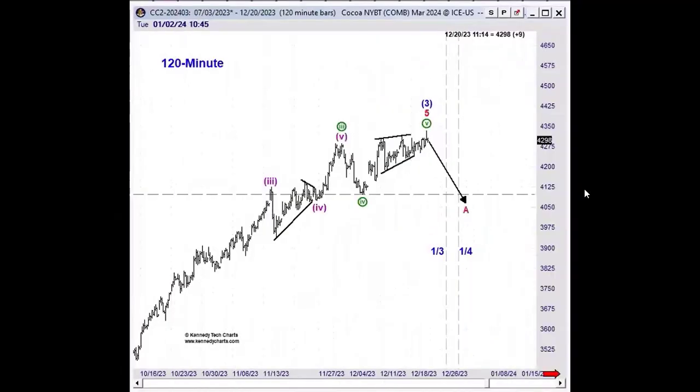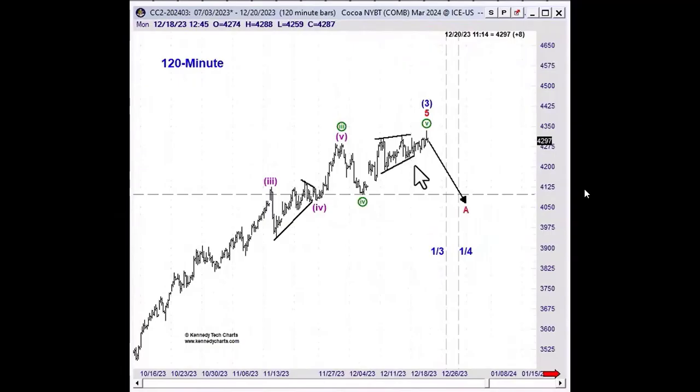Now, another market where I'm currently, as we're speaking right now, watching the shape of an ending diagonal take place is the cocoa market. This is a March contract of cocoa. And notice that the advance up from the low that we saw, say December 6th, we began at 40.98, and notice the rising wedge, notice the substructure.